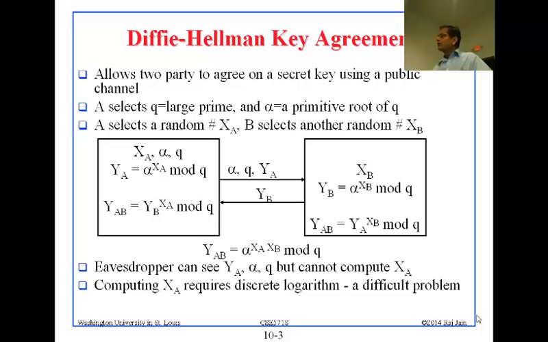So even though everybody knows that YA is alpha raised to some power mod Q, they can't calculate XA. Because the discrete log is very difficult to compute, that's why this thing works.